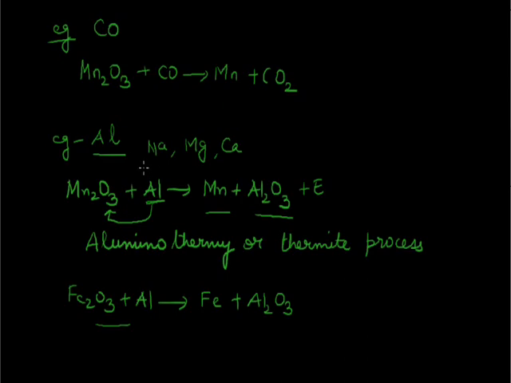But there are certain reasons for using aluminium as reducing agent. First reason is aluminium is most abundant metal. It is the most abundant metal in the Earth's crust. So it is easily available, it is cheap, and secondly, the Al2O3 formed, which is formed as a byproduct, it can never contaminate the metal. So there is no contamination.